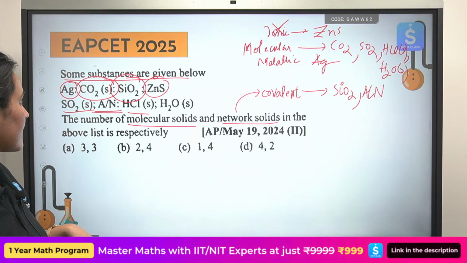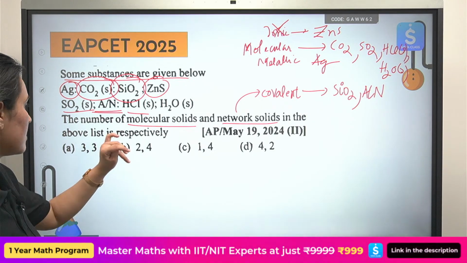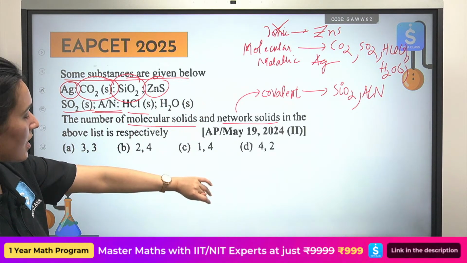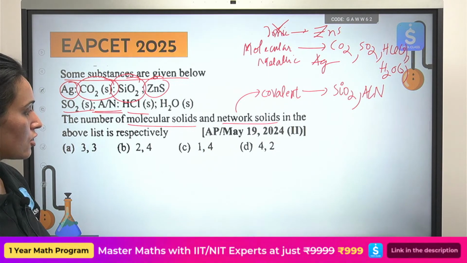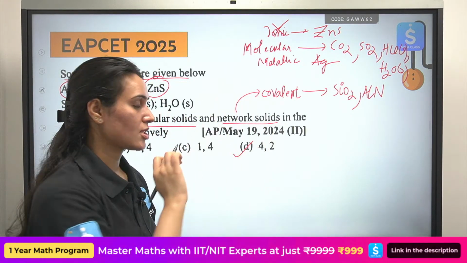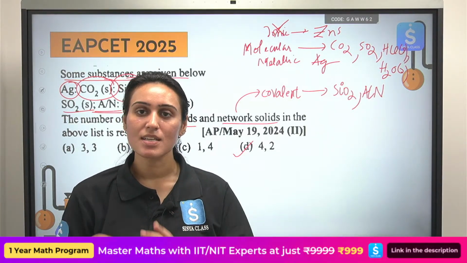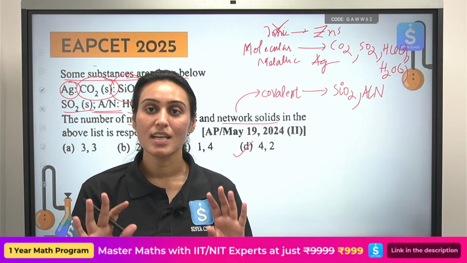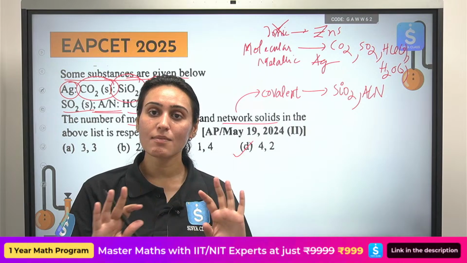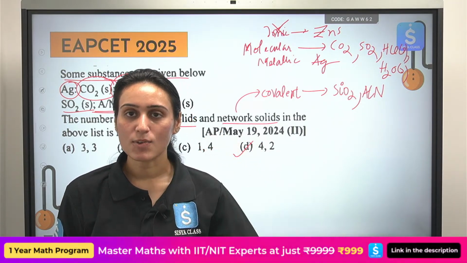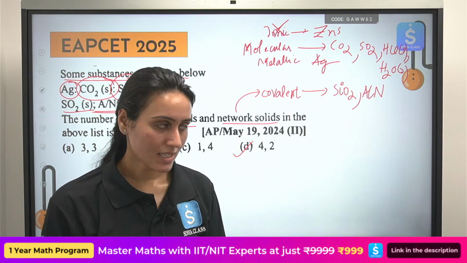So what should be the correct answer? The number of molecular solids are 4, number of covalent solids are 2. Option D. That was the entire question. Just identify the type of solids based on intermolecular forces of attraction. We have seen one table in the very beginning of the session. Based on that, you can easily answer this question. Okay, see the next question.